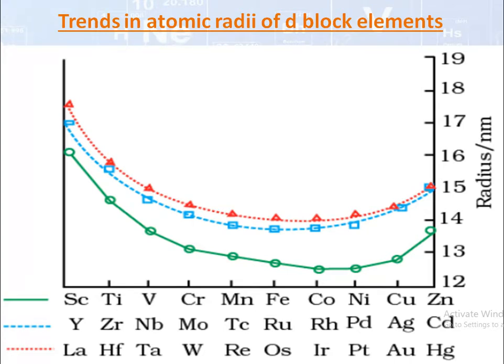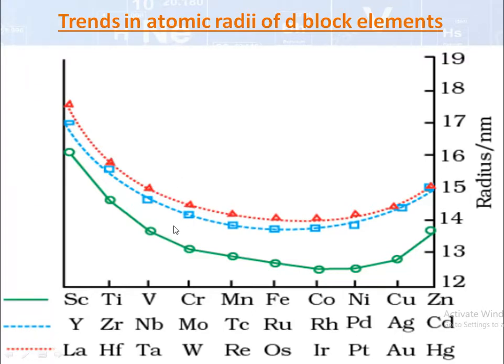Now, what happens when we move down the series, or when we compare two different series? In this graph, the atomic sizes of the 3d, 4d and 5d series are compared.